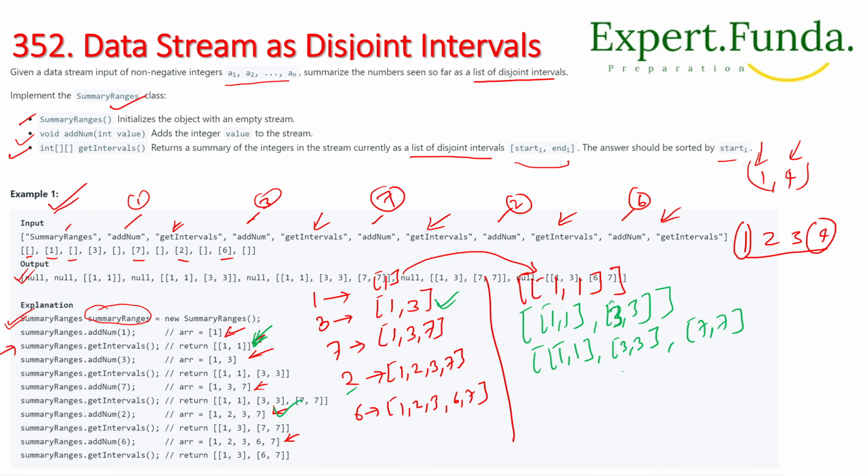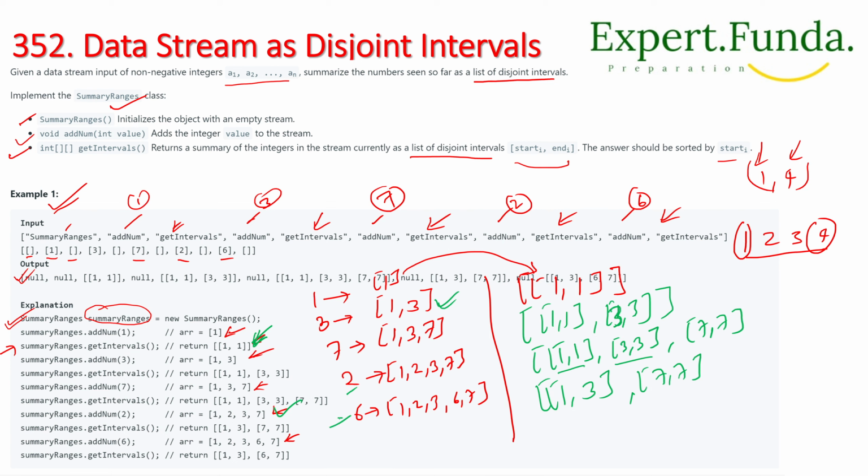Where 2 comes, we will not make 2 2; we have to check this one and this one, and merge 1 1 and 3 3. It will look like 1 to 3, and this will be our new one, along with 7 7. I will re-represent this in a graph, don't worry.